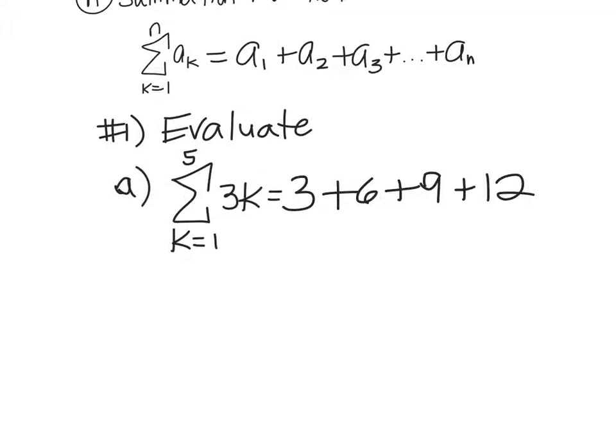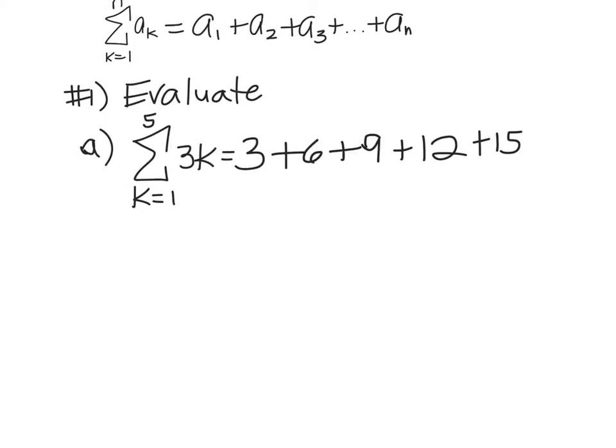And then you plug in 5 and you get 15, and that's where you stop with the numbers. So this is called a series. A series has pluses in the middle instead of commas. A sequence is commas, and a series is pluses. And so you go ahead and you figure that out. And what do you get? 45. So that's the answer to that problem.